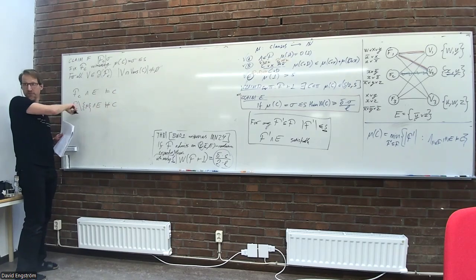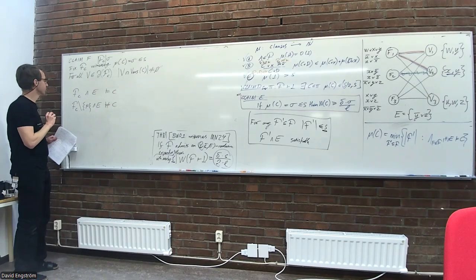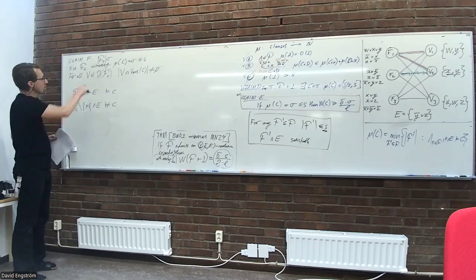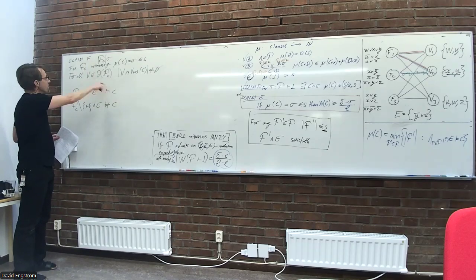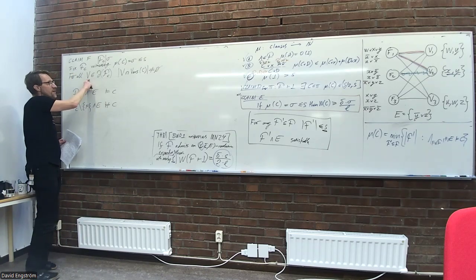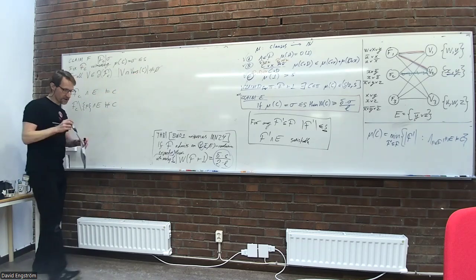If so, I would pick the smaller set. So fix any such set, which is not necessarily unique. Fix one. Look at the boundary on the right-hand side. Look at the variable sets. Now there can be overlap here, but I'm claiming that every variable set has at least one representative in C.